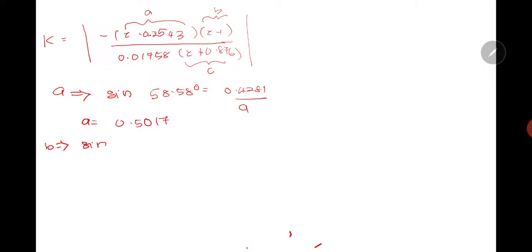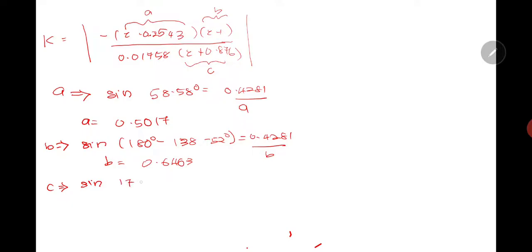Then B is the sine of the acute angle, 180 minus 138.52 degrees, which is 0.4281 over B. Rearrange to get B, which should be 0.6463. And for C, we find the sine of 17.1 degrees, which is 0.4281 over C. Rearranging, you should get C equals 1.456.